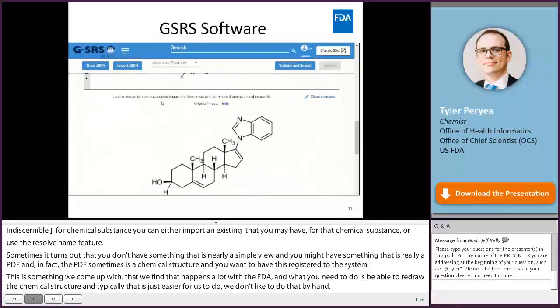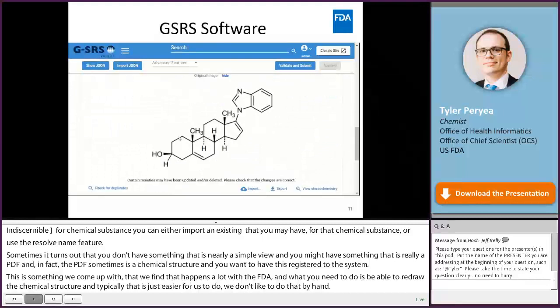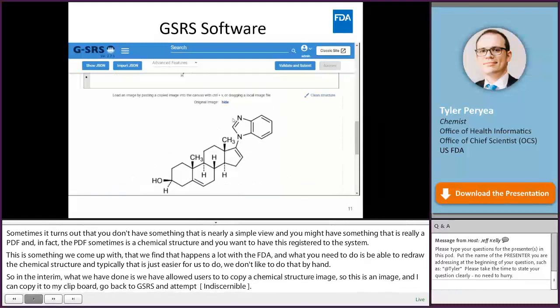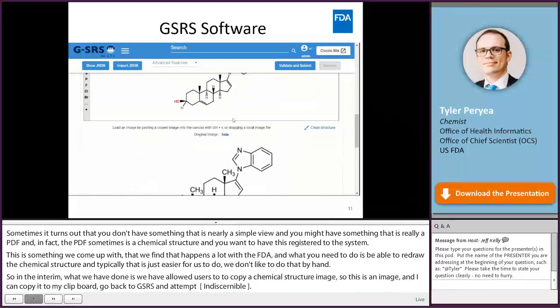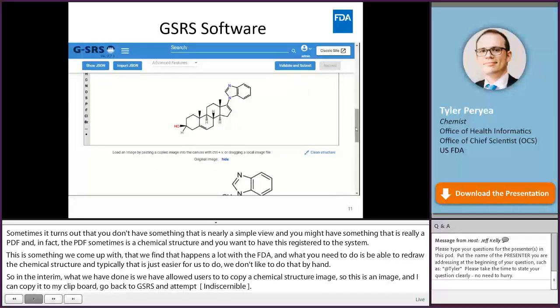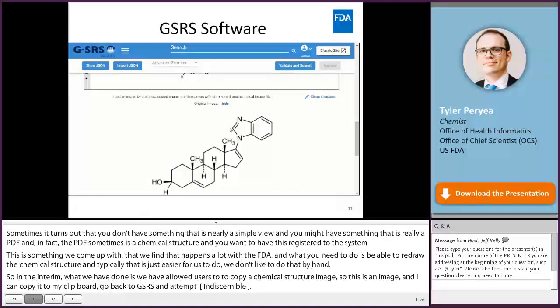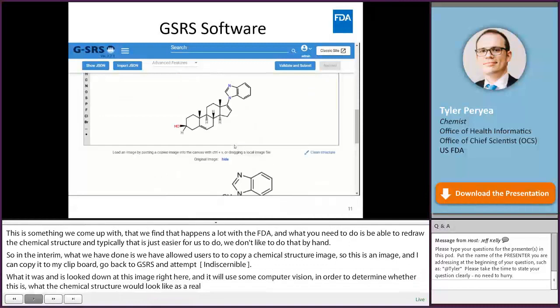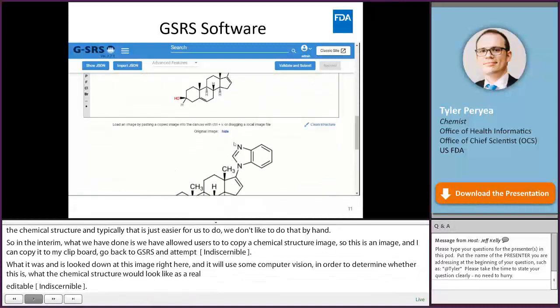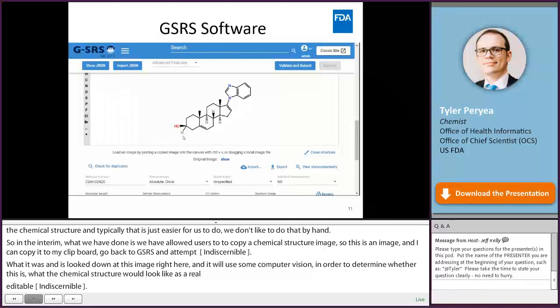It will look at this image and use some computer vision to determine what the chemical structure would look like as a real editable, machine readable form. So in this case, this now turns into a real chemical structure. It's not perfect, so you always have to compare it back and forth. In this case, it looks like it did pretty well. So we can hide that.